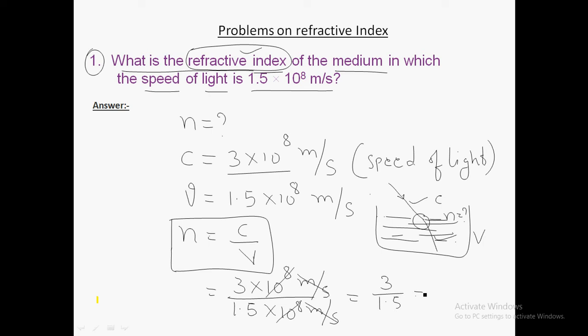If we divide this, we get the value 2. The refractive index N is equal to 2. That is how much the ray is bending.